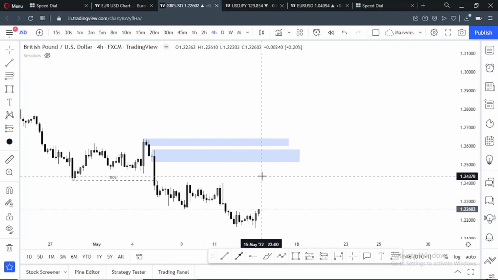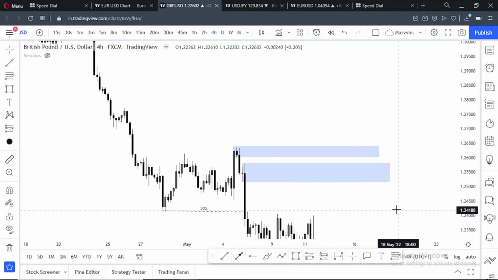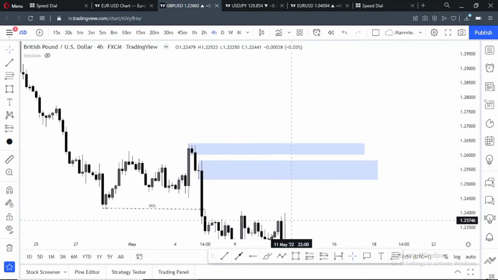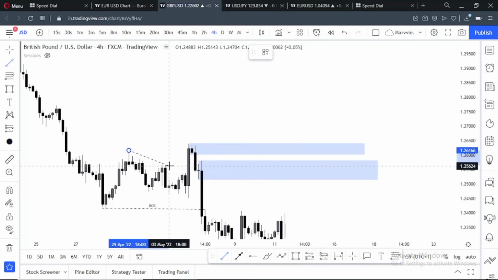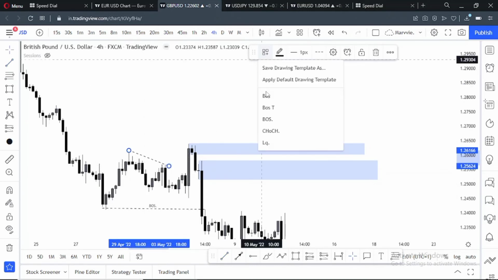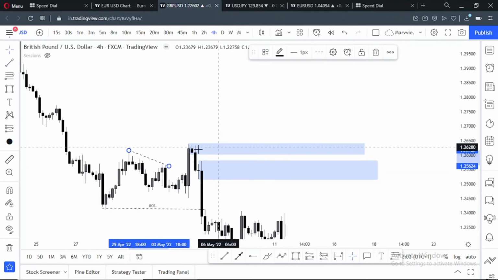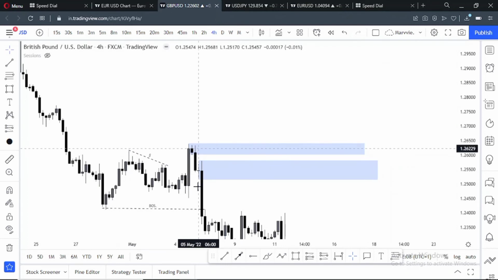Now, if we look closely here on GU, we can see this sort of liquidity pool. Obviously, retail traders will be trying to sell on this trend line. Then price took them out from here, then made a new low.